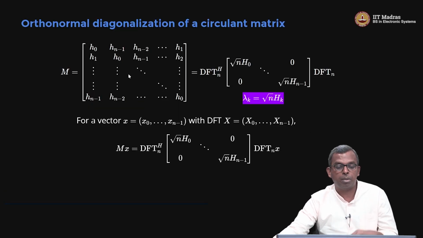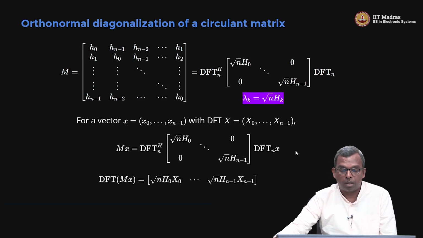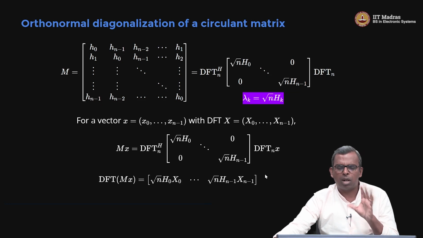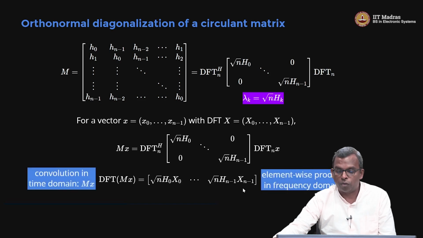Instead of thinking of the circulant matrix, where multiplying M with x means doing this multiplication row by row, if you go to the DFT or Fourier world, the multiplication simply becomes an element-wise product. You take the h zeros, multiply with these capital X zeros, and you get the DFT of Mx. So a lot of times this is the relationship: convolution in the time domain, which is Mx, is the same as element-wise product in the frequency domain.